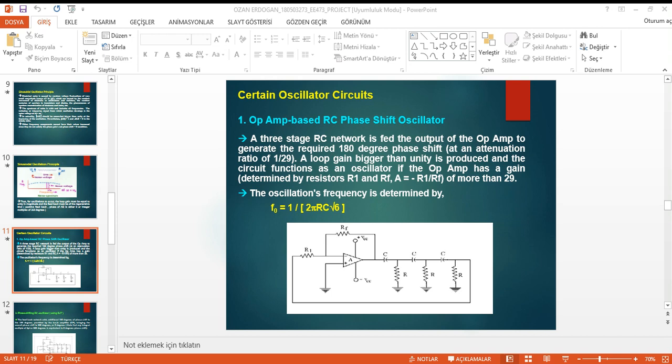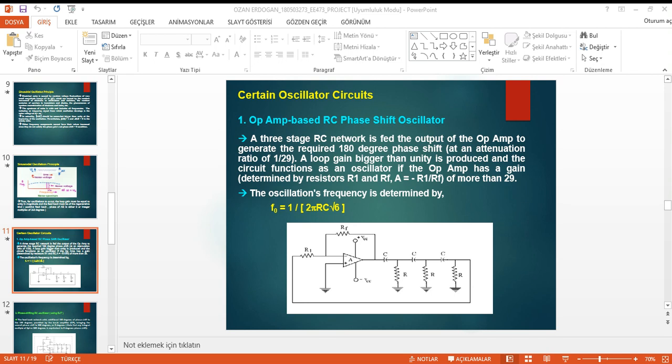The gain of the amplifier or OP-amp is adjusted with the help of RF and R1 resistances to get the required oscillations. The gain is adjusted in such a way that the product of OP-amp gain and gain of the feedback network is slightly greater than 1.